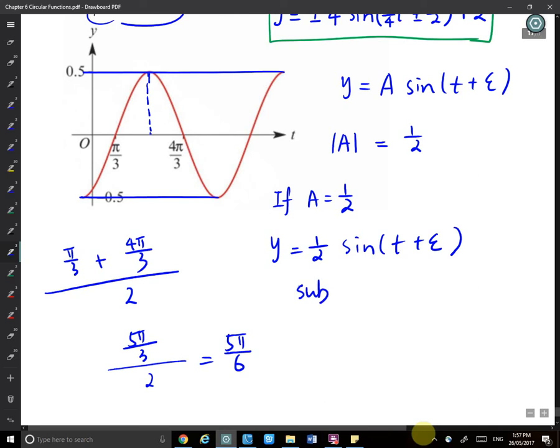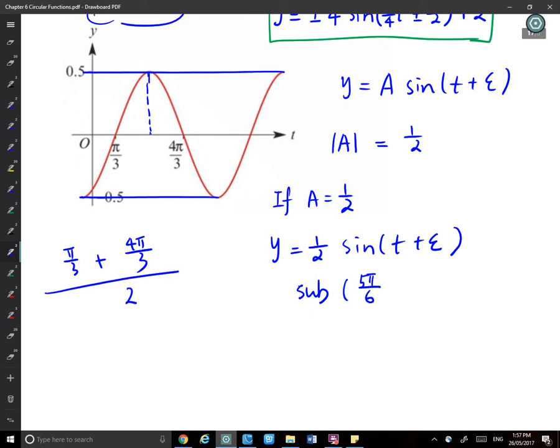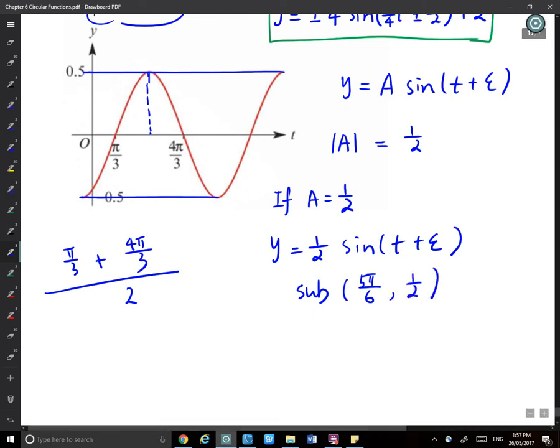So I will sub, even though this point is not labeled for us, but I know that must be this because I know the 2x intercept. So I will sub that a half. Okay, I will sub that in.